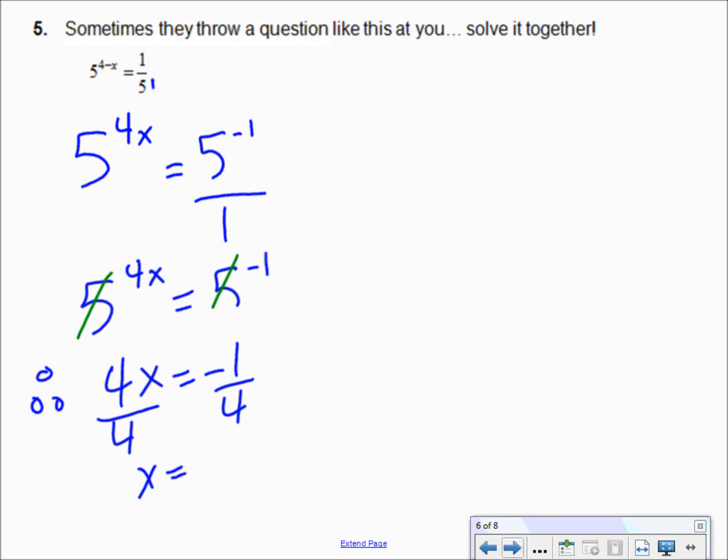So x equals negative 1 over 4, and I'm done. Okay, so this actually has way fewer steps than the last questions, right? All you need to do is say, oh yeah, I remember, I can bring it back up and it'll make it negative, and you're good to go. Okay?